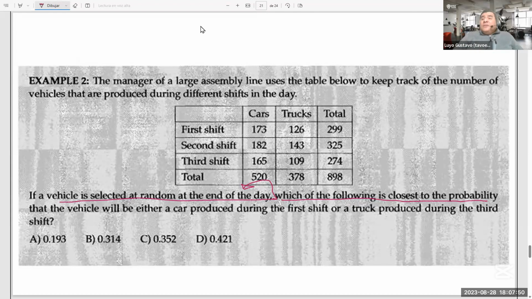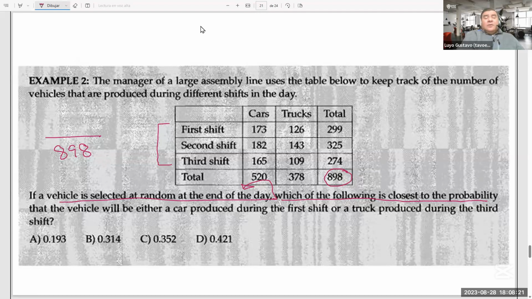Since at the end of the day, there are three shifts in total, and we have a big total of 898 vehicles manufactured at the end of the day. So this should be the base for our calculation. 898 in the denominator.